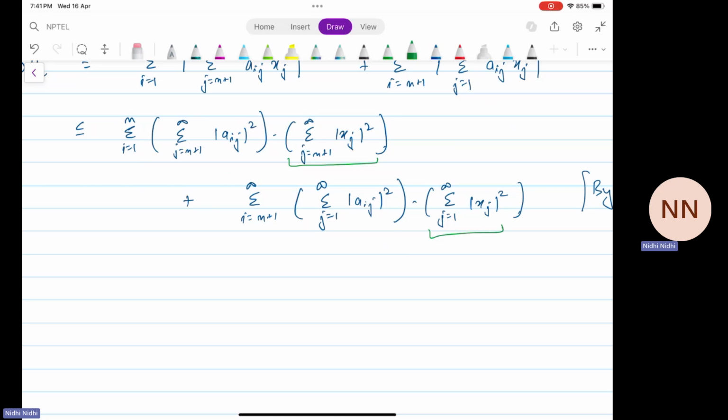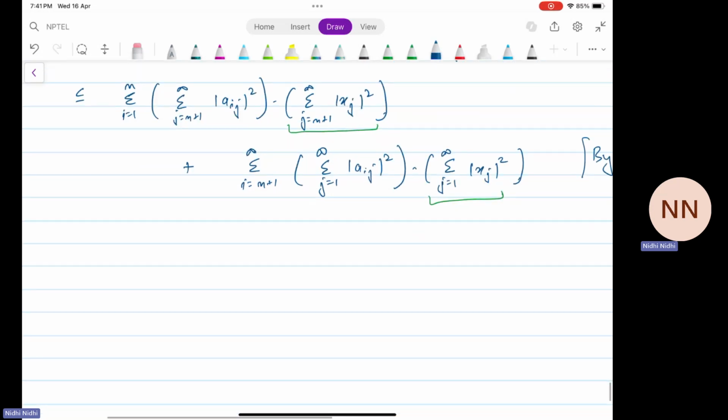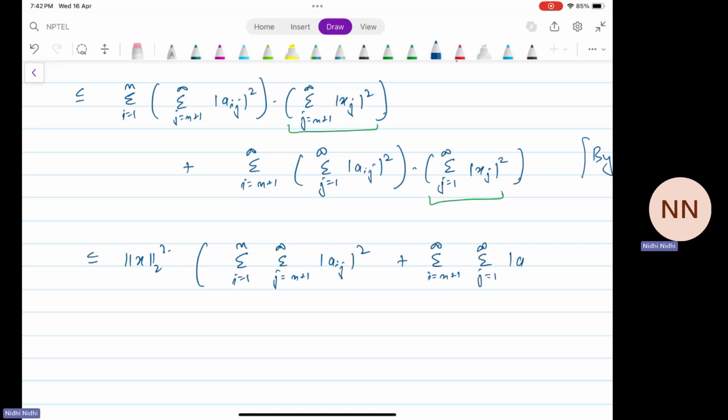Similarly, this is also independent of i. So I can take this outside. This is less than or equal to L2 norm square, times summation i from 1 to n, summation j from n plus 1 to infinity a_ij square, plus summation i from n plus 1 to infinity summation j from 1 to infinity a_ij square.